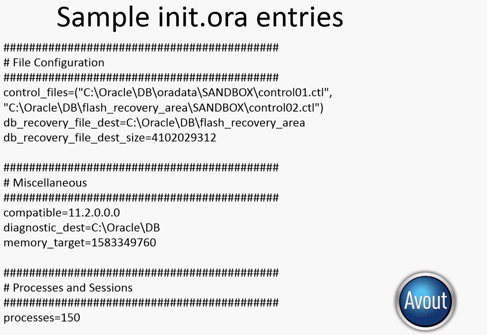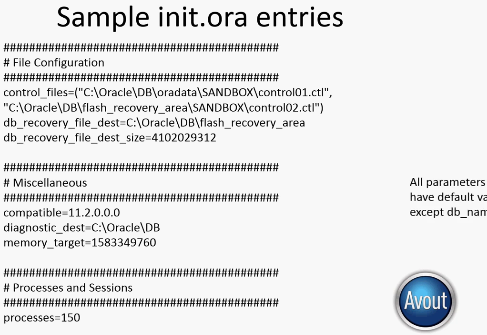The next line, db_recovery_file_destination, shows a single parameter value pair, and that's mostly what we see inside the init.ora. You can see there's different values that we have for compatibility, memory target, processes and sessions.